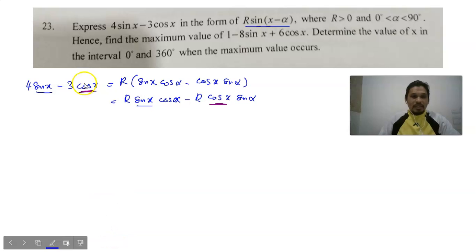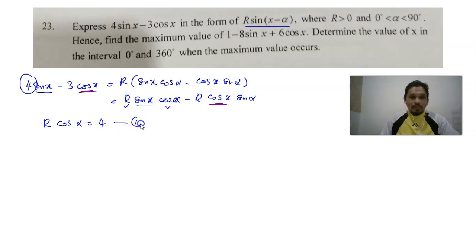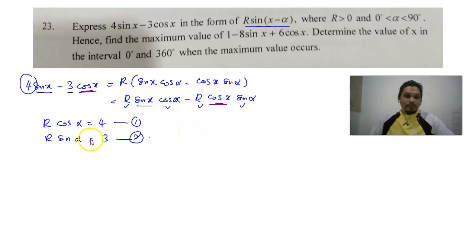Then we can determine that 4 equal to r cos alpha. So r cos alpha equal to 4, equation 1, and r sine alpha equal to 3, equation 2. We are going to find out the value of alpha.